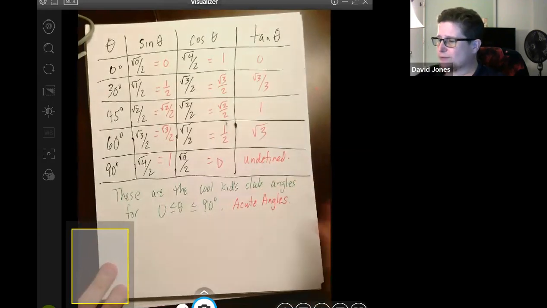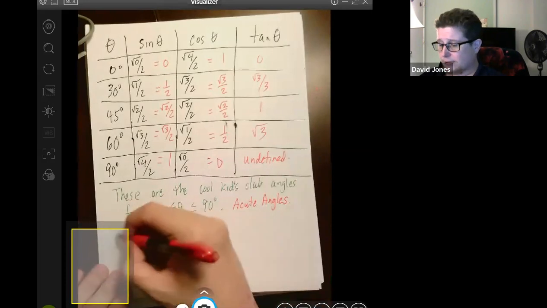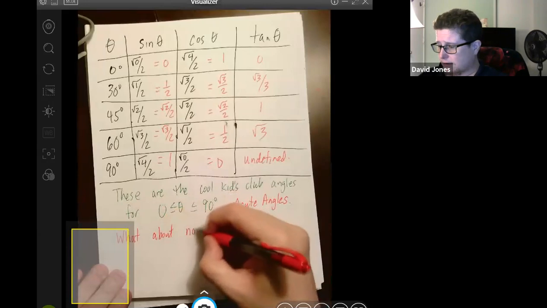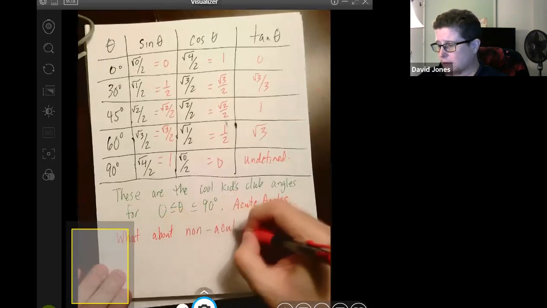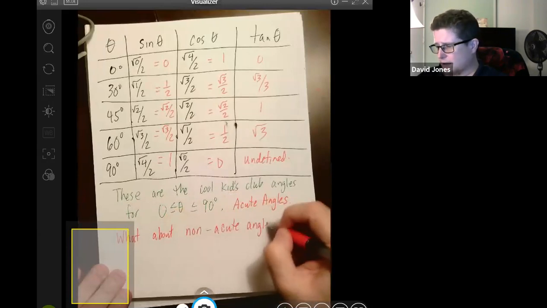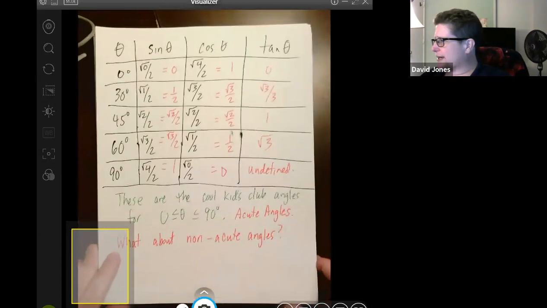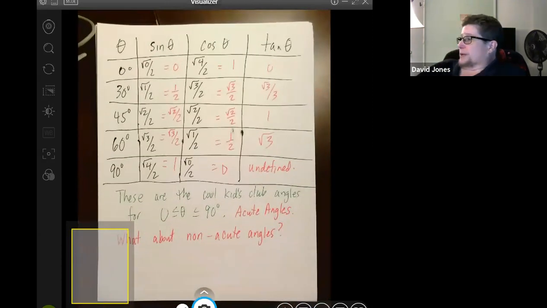Remember that from lesson 1? What about non-acute? Okay, I'm going to leave it up here for a second, pause it so you can write it down. We're going to look at this pictorially.